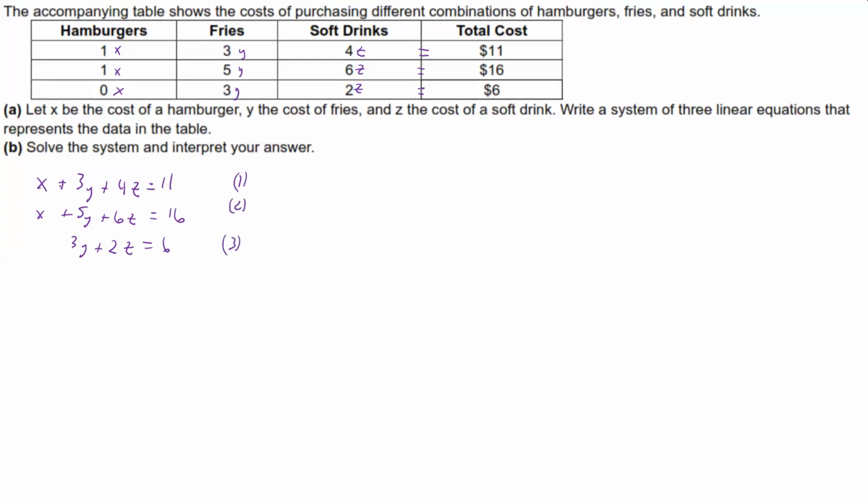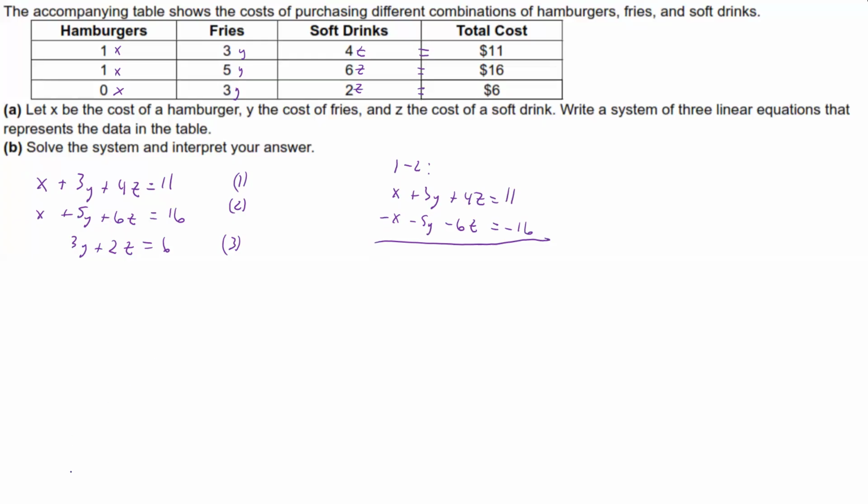Because we have only y and z in the third one, let's get rid of x between the first two. Let's take 1 minus 2. So we have x plus 3y plus 4z equals 11. Now we take the opposite of the second: minus x minus 5y minus 6z equals minus 16.